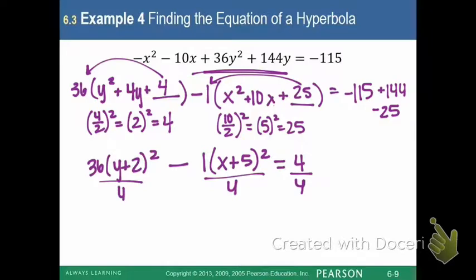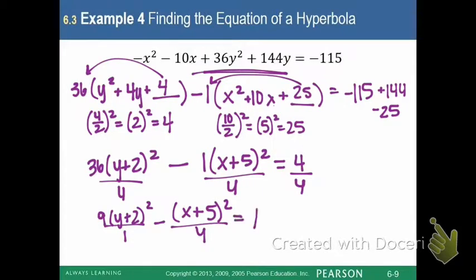All right, so now this is a little tricky. I don't think we've had this show up yet. You have 36 over 4, which is really like would be left with a 9 on top and a 1 on the bottom. And I'll show you how to deal with that in a second. I'm just going to finish writing the rest of it. The 1 here can go away, so I have x plus 5 squared over 4 equals 1.